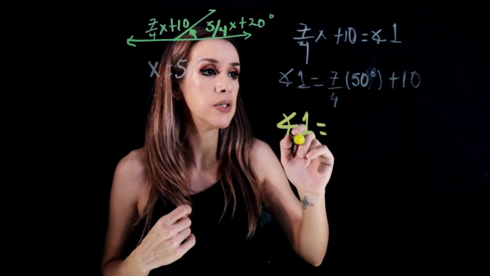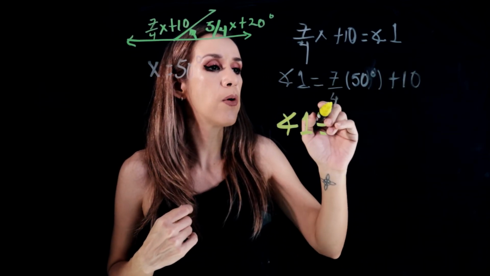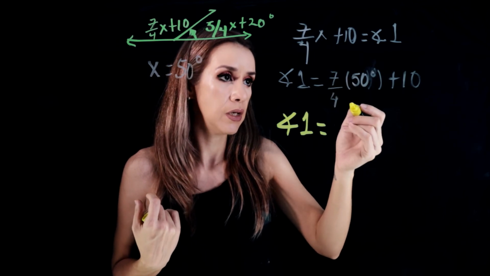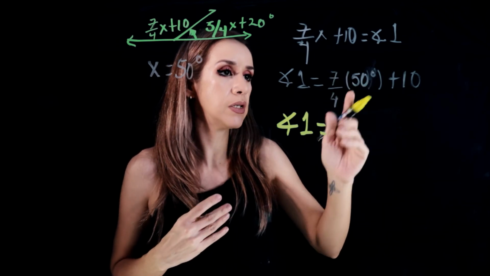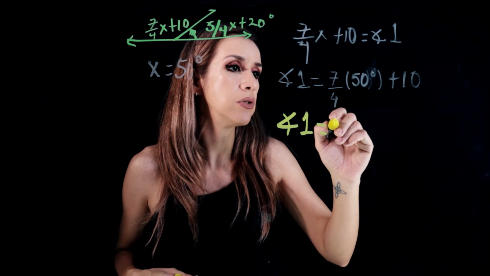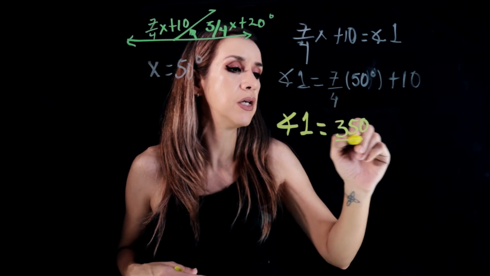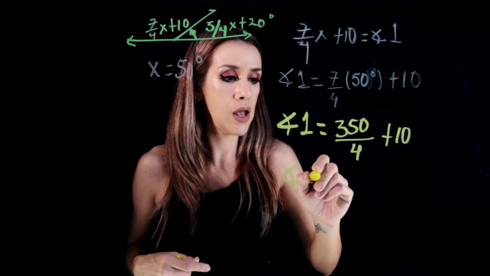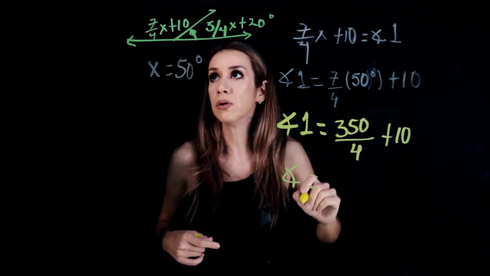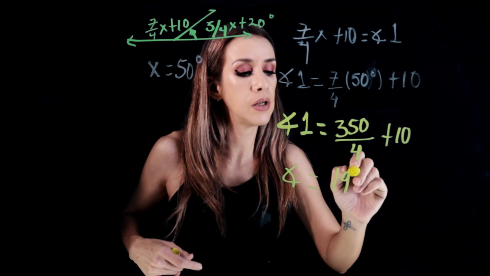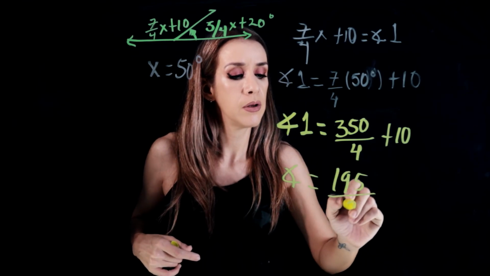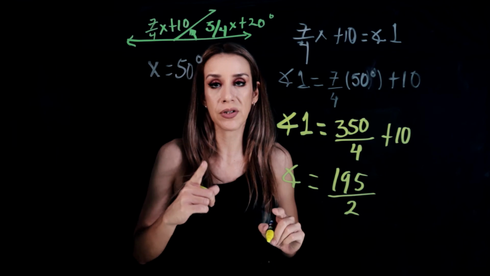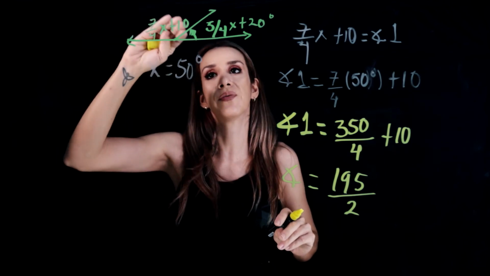Angle number 1 is equal to 7/4 times 50. So if I solve this, this is going to be equal to 350 fourths plus 10. The angle number 1 is equal to 195 halves. So that's the first value, the value of the first angle.